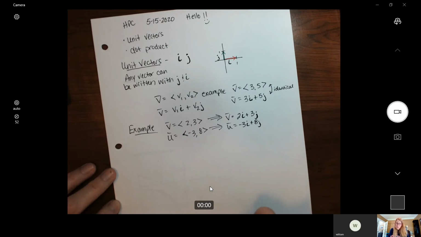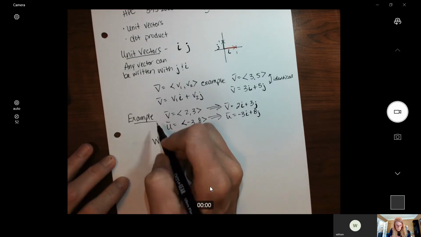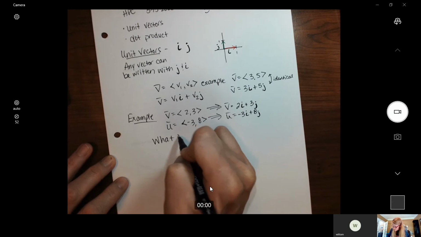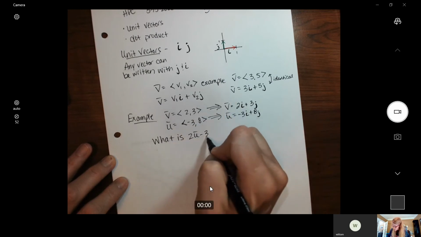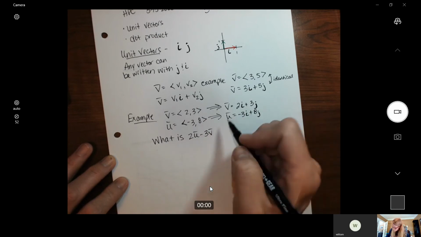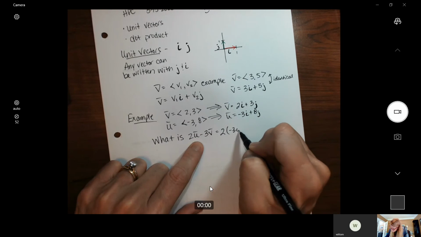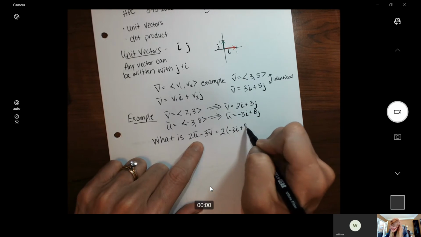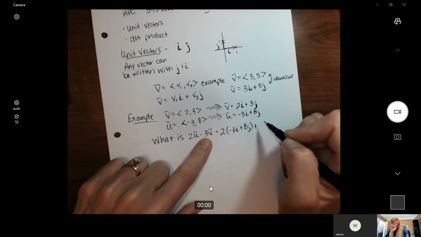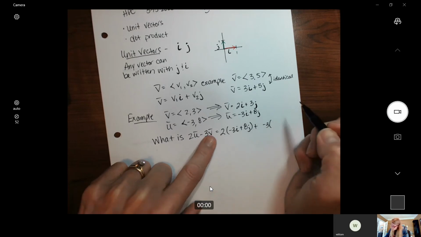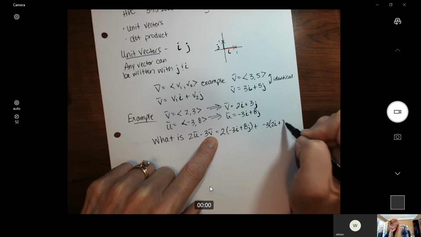Now, if we needed to do some of those operations, so yesterday we talked about some operations. What is 2u minus 3v? Well, that would be equal to 2 times the vector u, and the vector u is -3i plus 8j, and then plus a -3 times the vector v, which is 2i plus 3j.